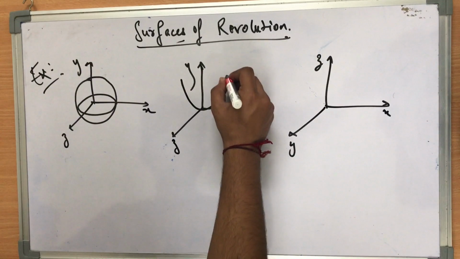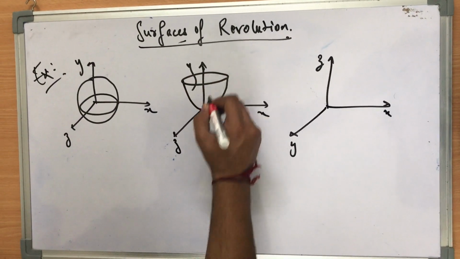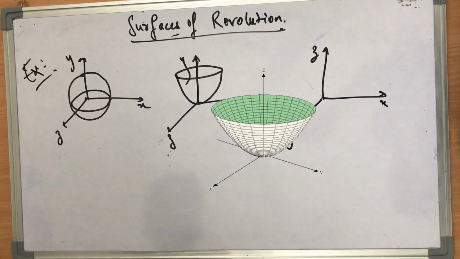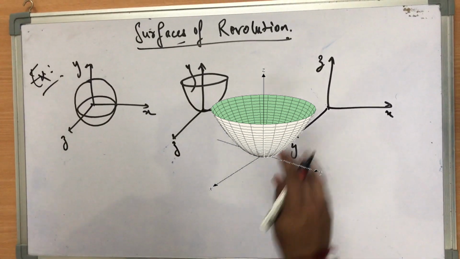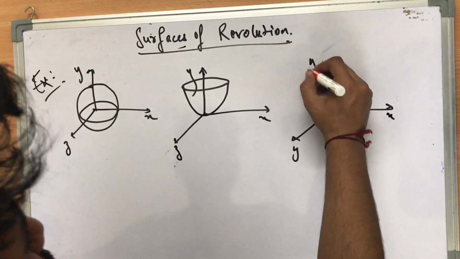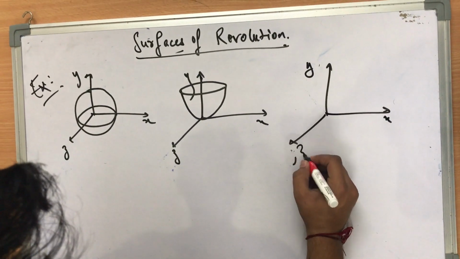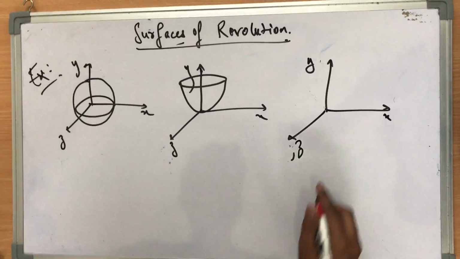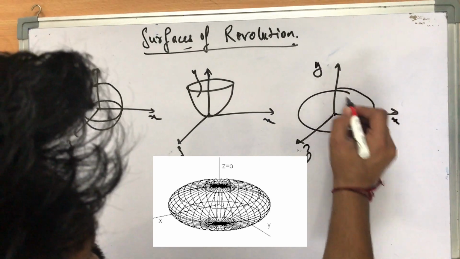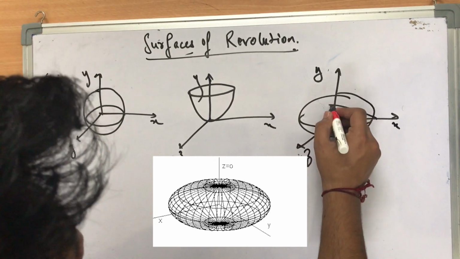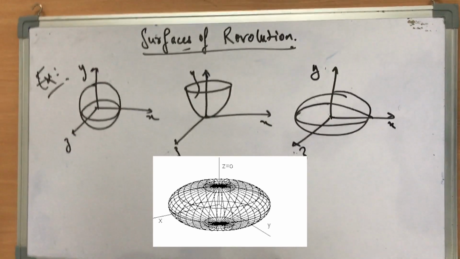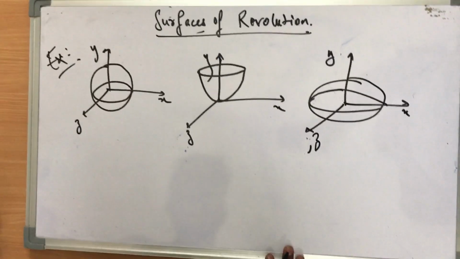I have a paraboloid formed by rotating a parabola about the y-axis or the x-axis. I'll correct this, it's y. The third example is an ellipsoid formed after rotating an ellipse about the x or the y-axis.